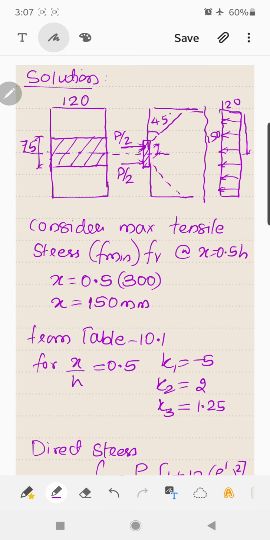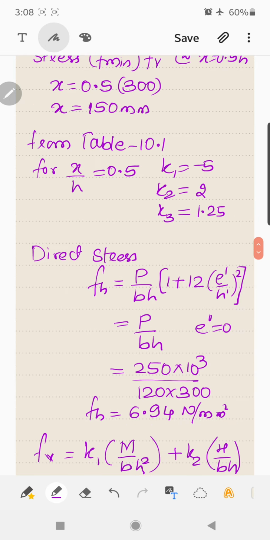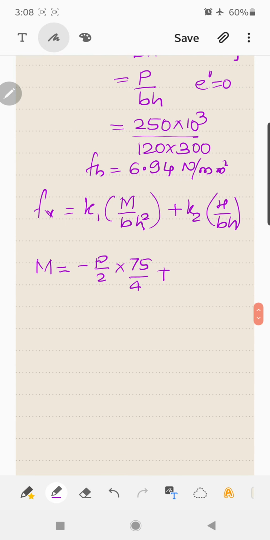Now the moment due to this stress is anti-clockwise, so it is positive. We'll take it as positive.